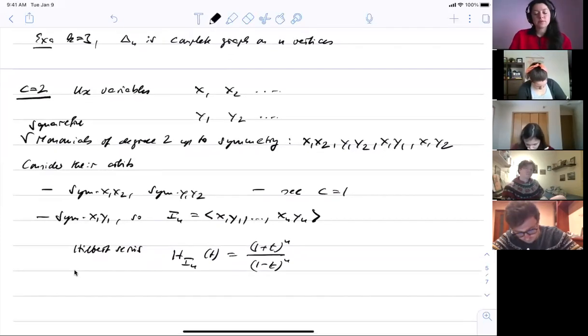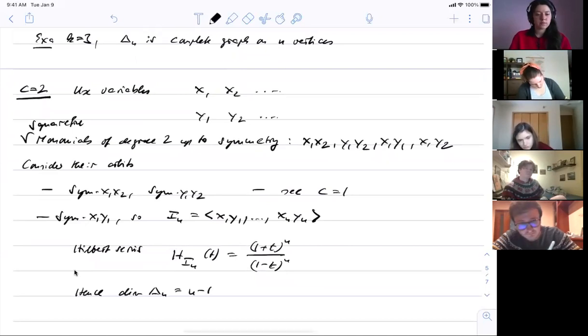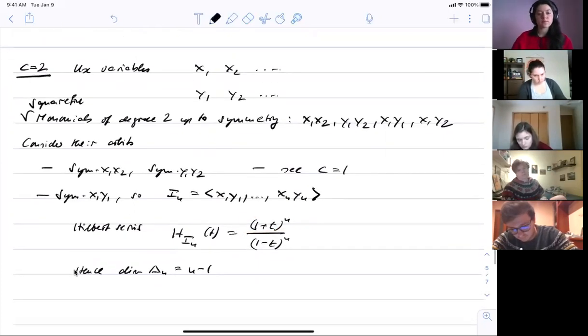So that already tells us that the corresponding simplicial complex has to have dimension n minus 1. And the h vector corresponds to the numerator polynomial, which we, of course, wrote down.